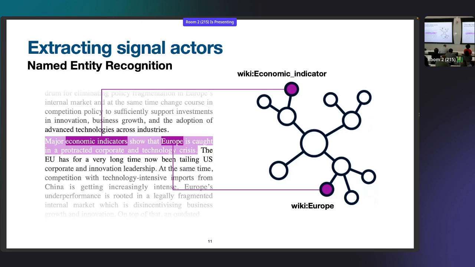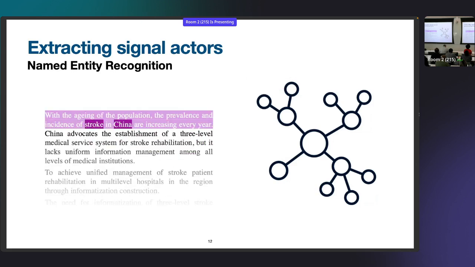In this case, we are taking the Wikipedia knowledge base as an example, where economic indicator and Europe are two entities in Wikipedia or Wikidata, if we are considering a structured knowledge graph.